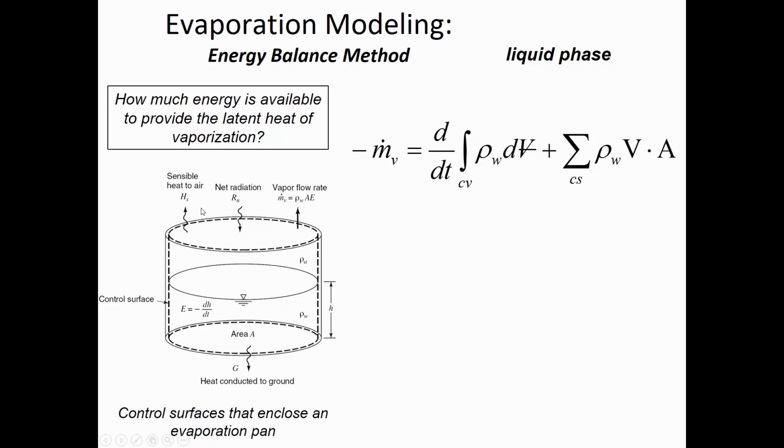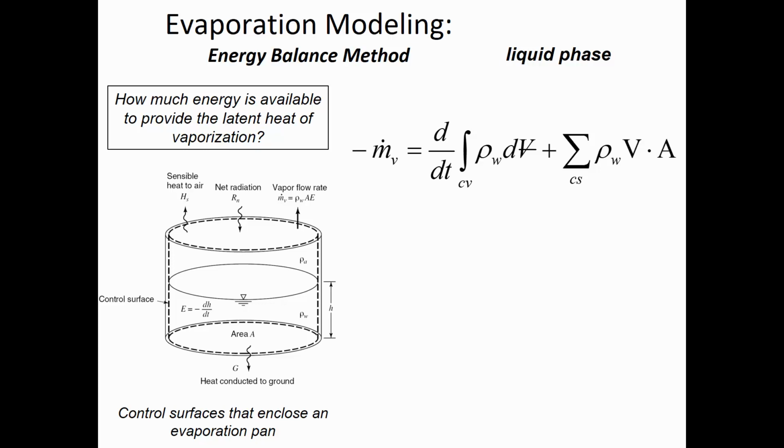The net radiation is going to be the amount of radiation that's already taken into account the reflection off of the outer atmosphere, the absorption by the air before the radiation gets right to the water surface. And what we want to do is keep track of how much this water level is going down. The decrease of H is the evaporation rate.